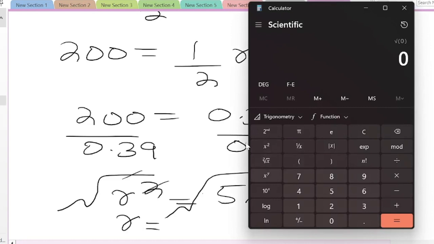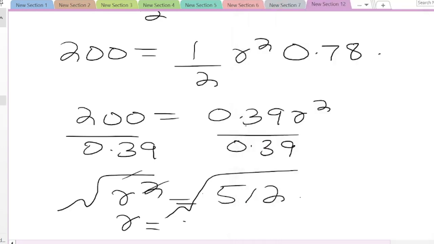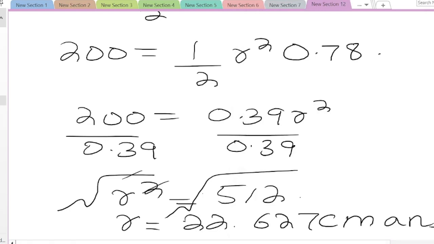So we're gonna use the sign of square root, and we take the square root of 512. So that is 22.627. And what will the unit be? That will be centimeter. So this is our answer.